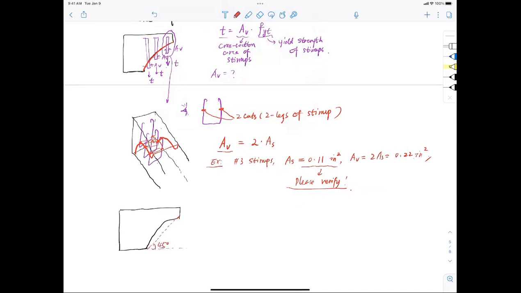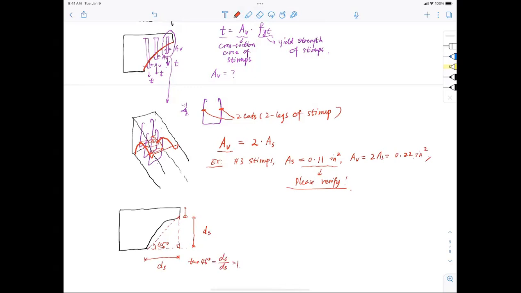Now I have this little bit of compressive zone left, so it's kind of an inverted section, and I assume this is ds. Then the 45-degree angle gives you this little triangle here. 45 means this side equals this side, so tangent 45 equals ds over ds equals 1.